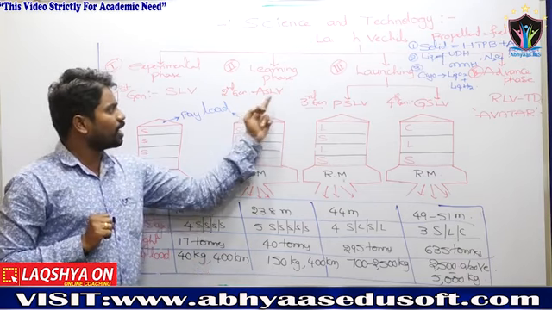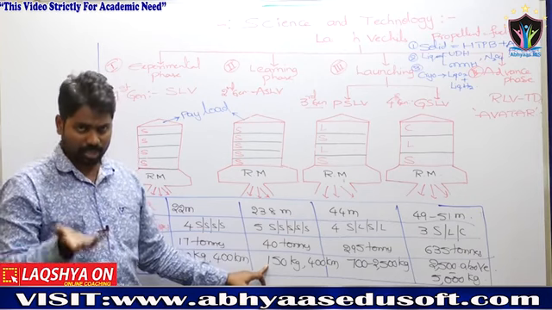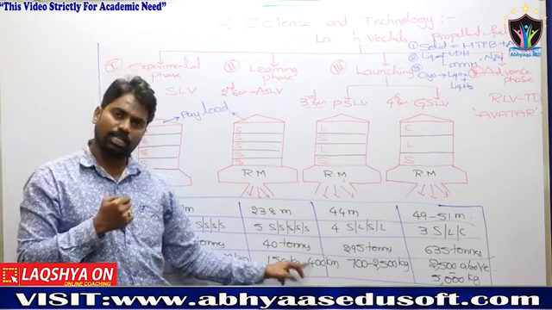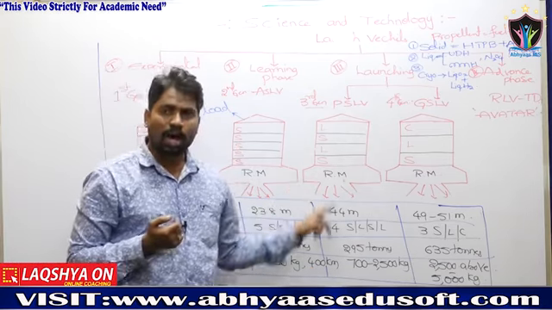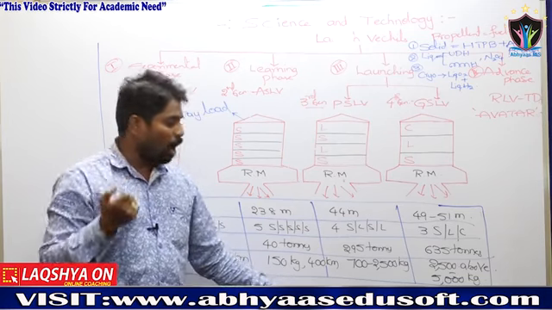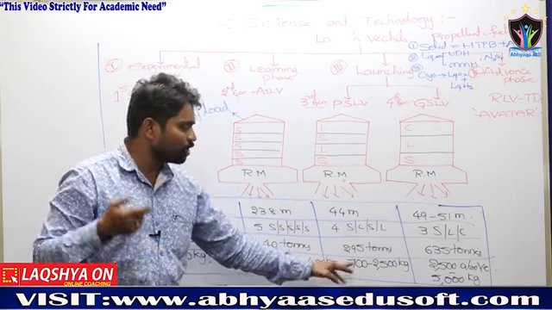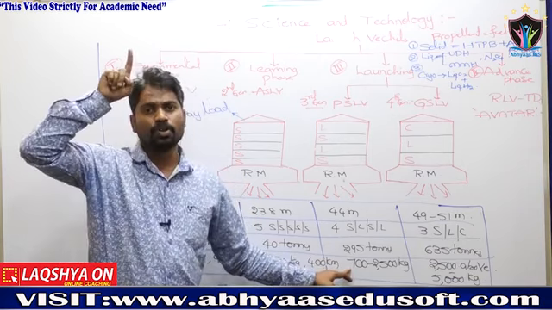What about the augmented satellite launching vehicle? We can send 150 kilograms of payload or satellite up to 400 kilometers. By the help of the polar satellite launching vehicle, we can send 700 to 2500 kilograms of payload into free space.